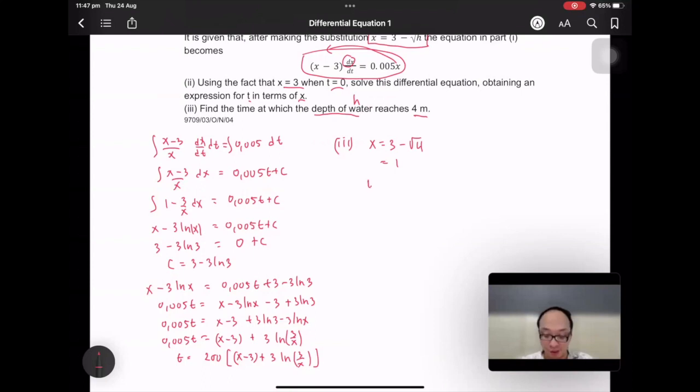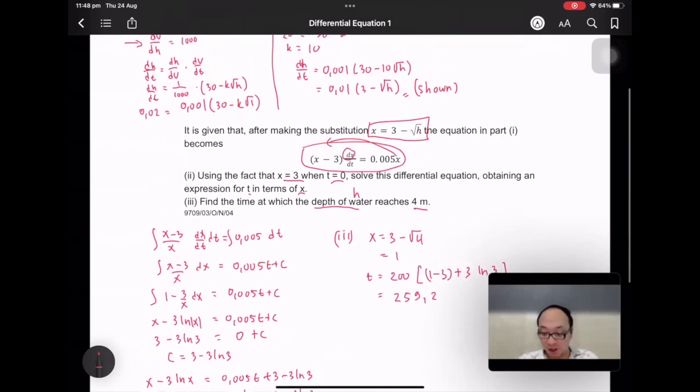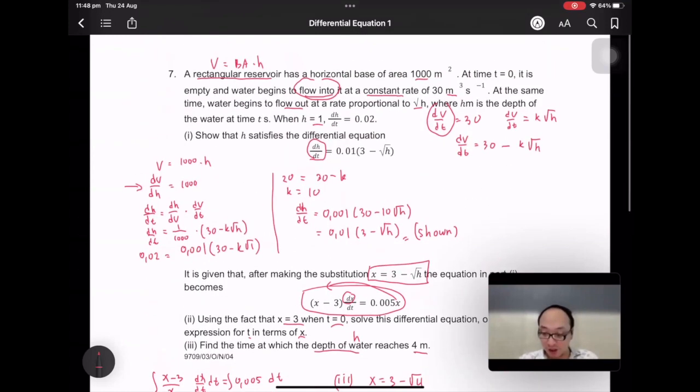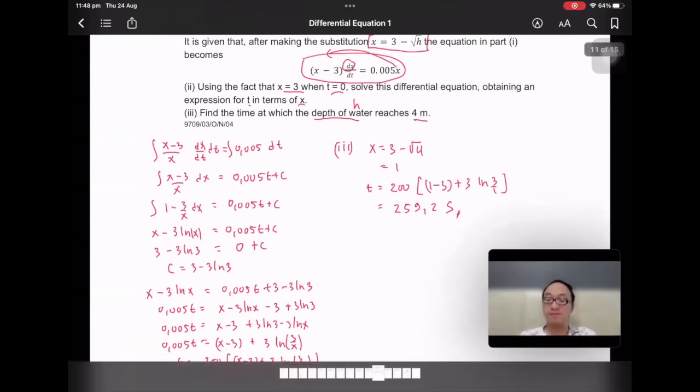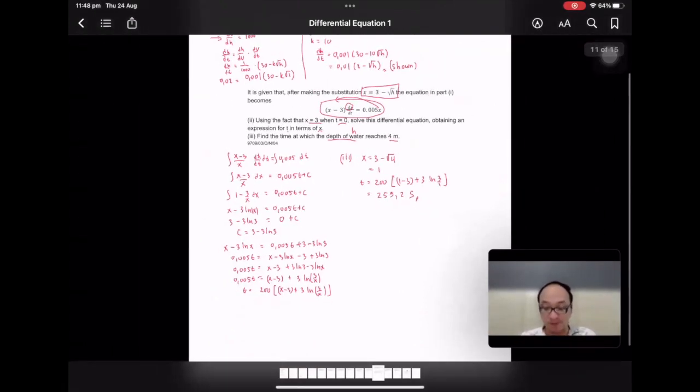We put it into the equation: 200 times (1 minus 3 plus 3 ln (3 over 1)). Putting it in the calculator, it equals 259.2. T is in seconds. That's it.